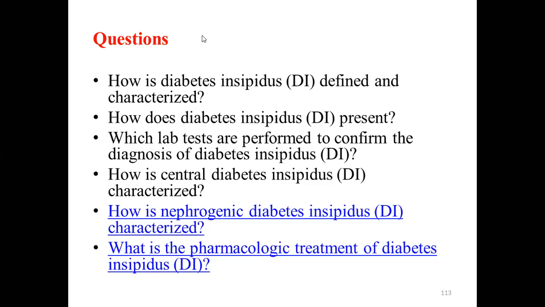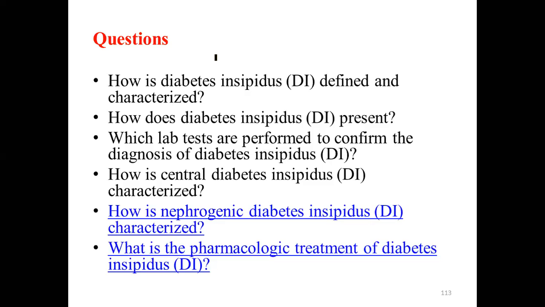The other person, maybe Anita, I don't know whether she's in. So what are the presentations of DI, Anita? I think it's when you produce large amounts of dilute urine. Yes, okay, polyuria. That is one presentation, but of course, polyuria is not the only feature. Dehydration, even polydipsia can happen.